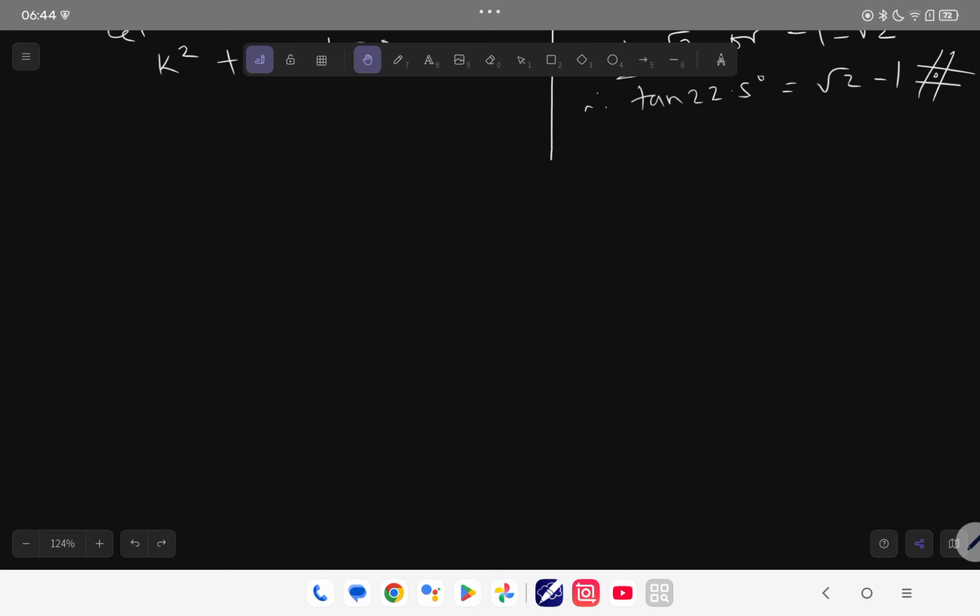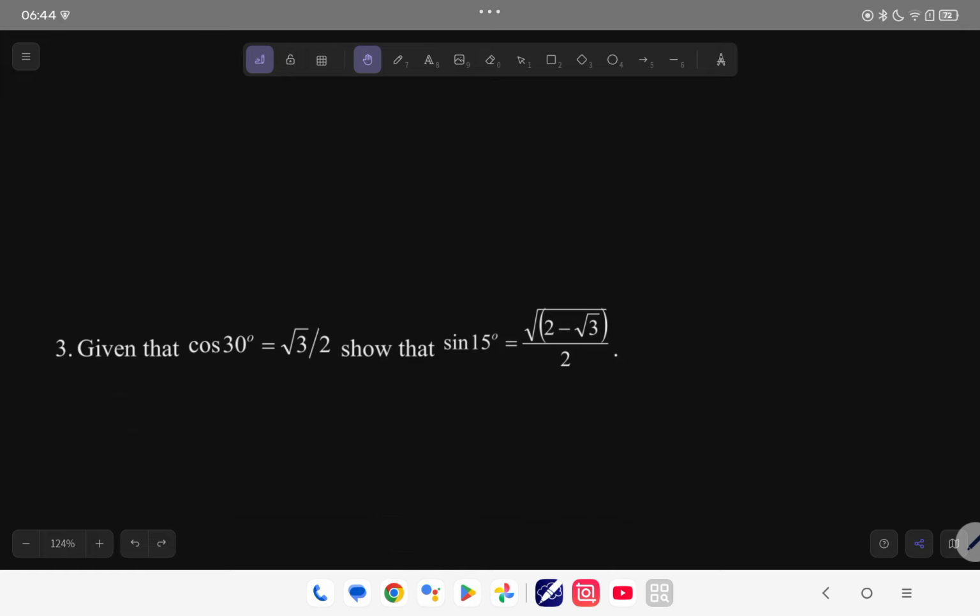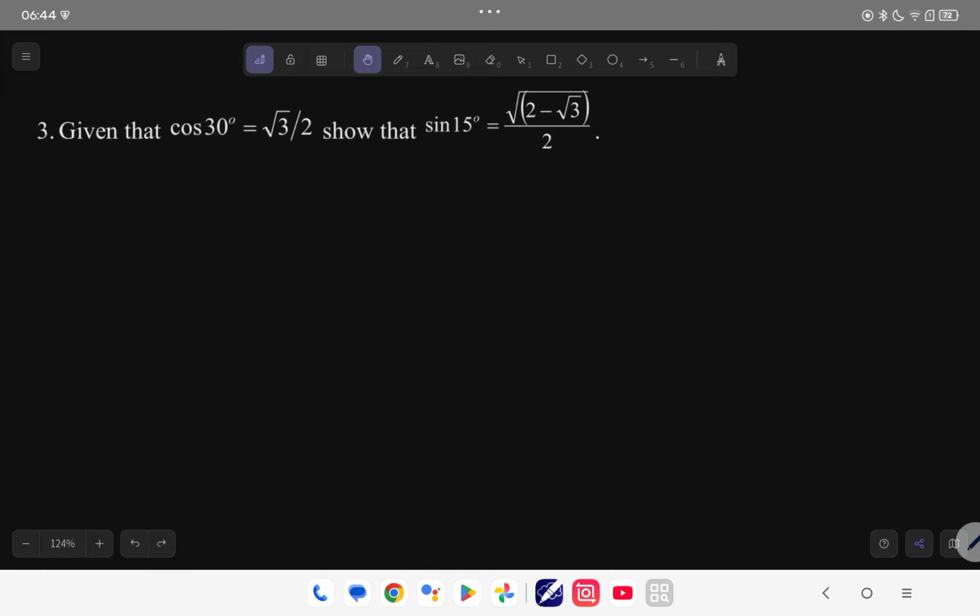Question number 3 says, given that cos 30 is equal to root 3 over 2, show that sin 15 degrees is equal to the square root of 2 minus root 3, divided by root 2.